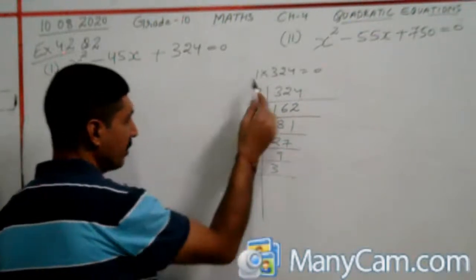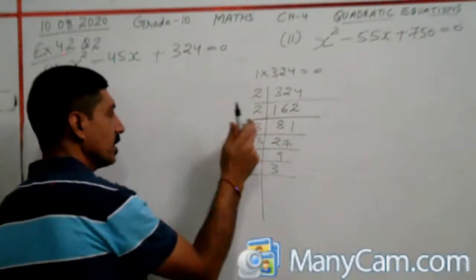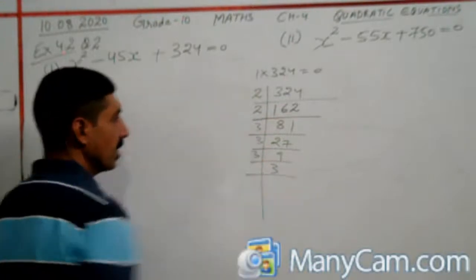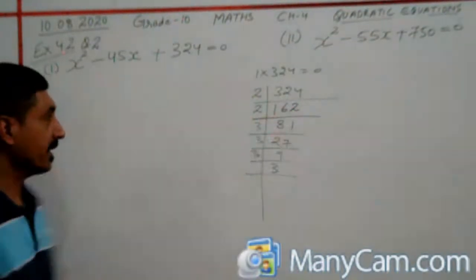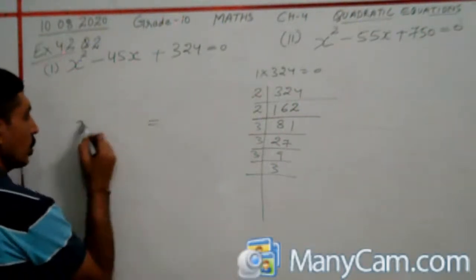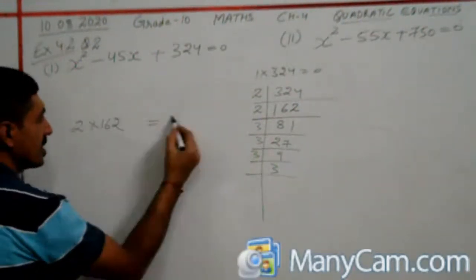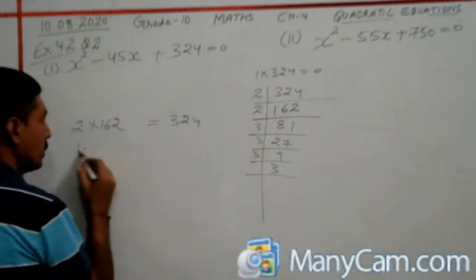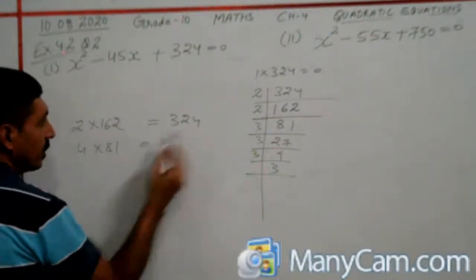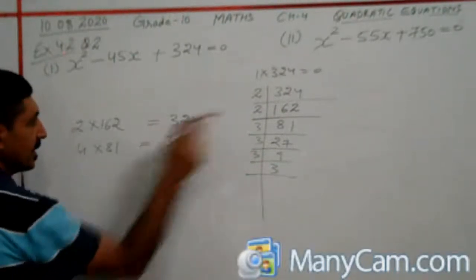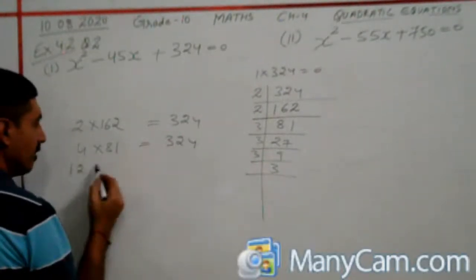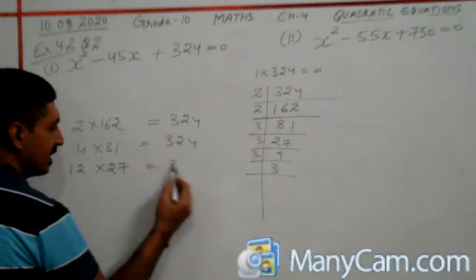So we have 2 into 2 into 3 into 3 into 3 into 3. But how to go? One factor pair is 2 into 162, right? That is 324. 4 into 81, that is again 324. And next, 12 into 27, that is again 324.